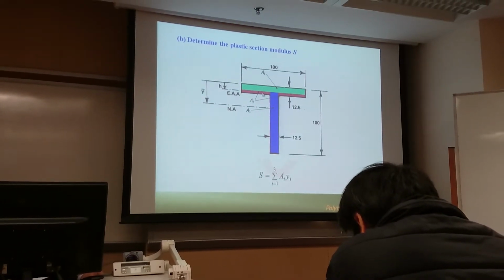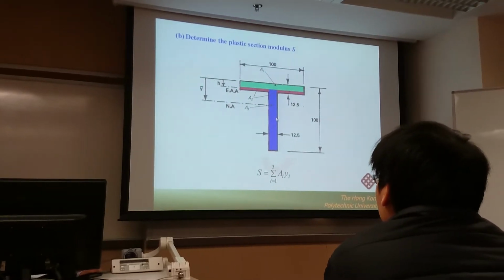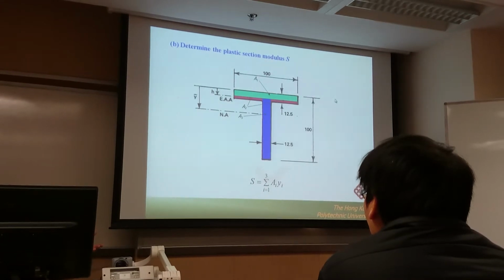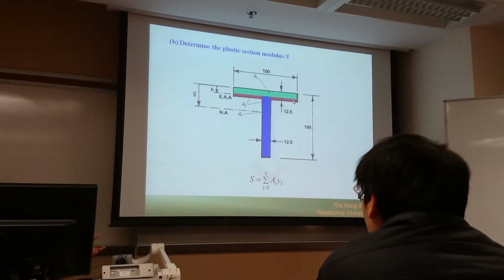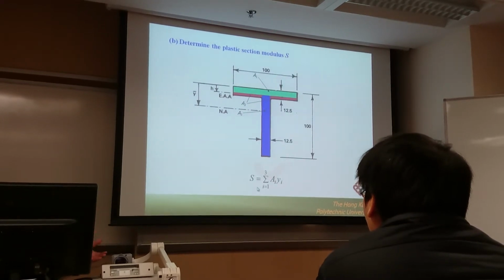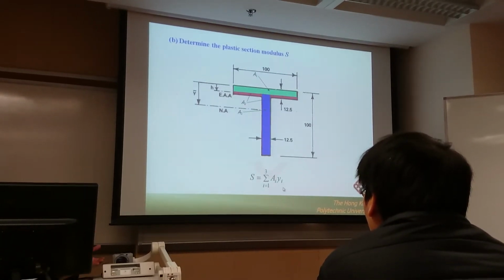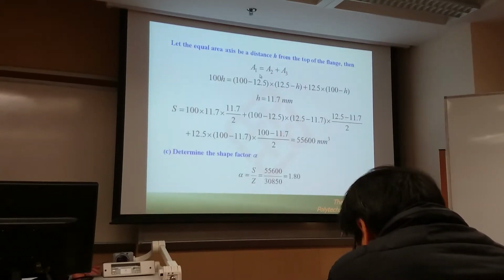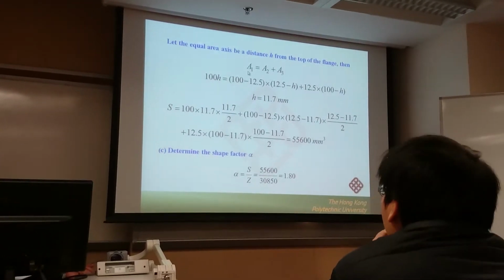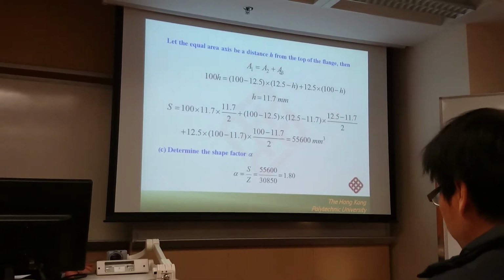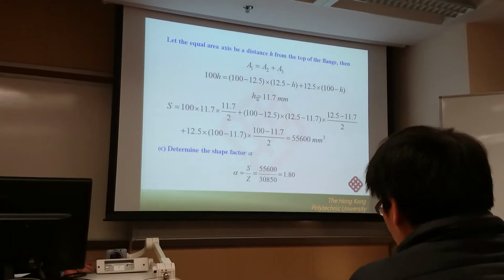So A1 is equal to A2 plus A3. Firstly, we assume the equal area axis is within the flange, and then we use this formula to calculate the plastic modulus. So if A1 is equal to A2 plus A3, we can obtain the H value.